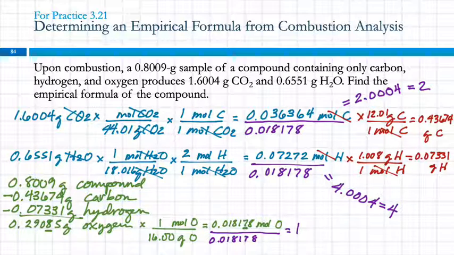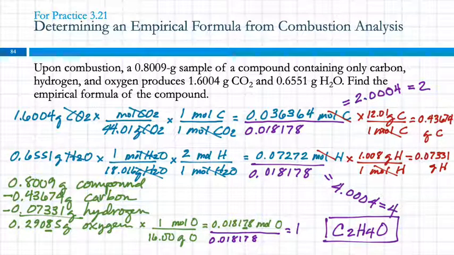Now, they presented you with carbon, hydrogen, and oxygen in that order. That's the order they're going to show it to you in the answer. So carbon 2, hydrogen 4, oxygen 1, except we usually don't write the 1. C2H4O. Empirical formula.